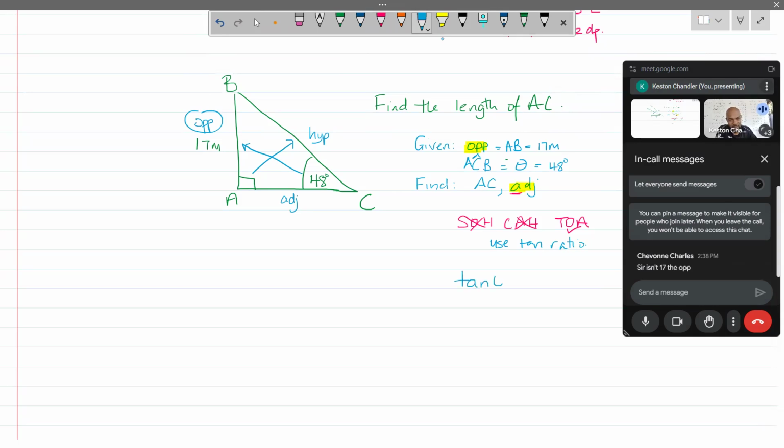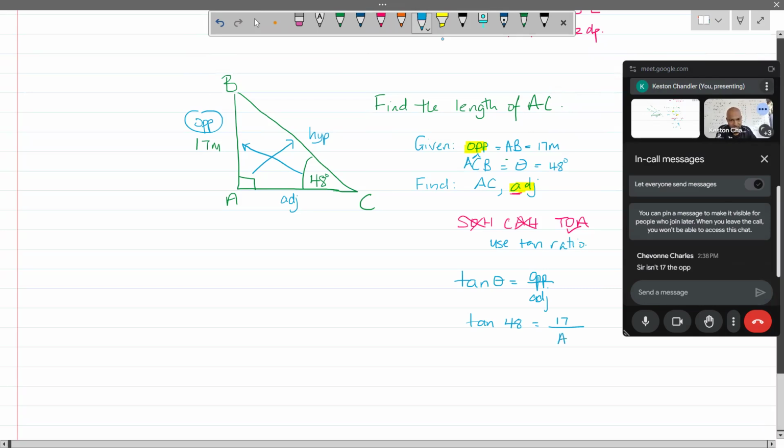So, tan theta is equal to opposite over adjacent. Substituting values. Theta is 48 degrees. My opposite is 17. My adjacent is that side AC that they're asking us to find. We're moving this across on this side. I'm going to get AC multiplied by tan 48 is equal to 17. And then I'm moving this tan 48 to this side.